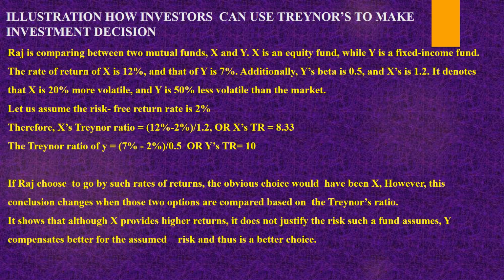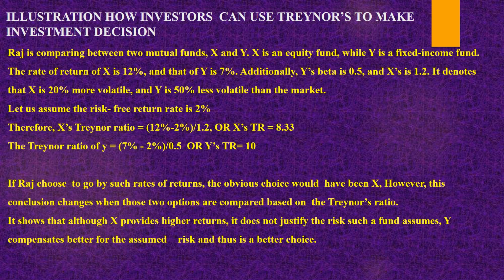Why is this happening? Because 12% is higher than 7%. But let us assume the risk-free return rate is 2%. Therefore, X's Treynor ratio is 12% minus 2%, divided by 1.2, or XTR is 8.33. The Treynor ratio of Y is 7% minus 2%, divided by 0.5, or YTR is 10.